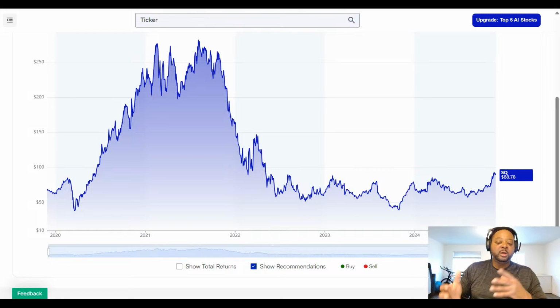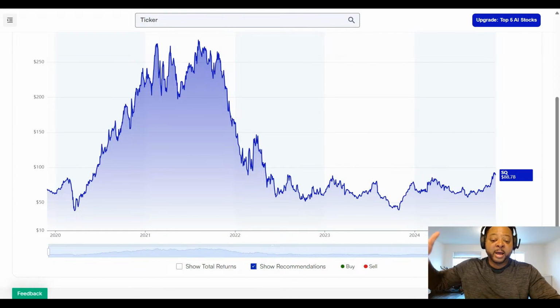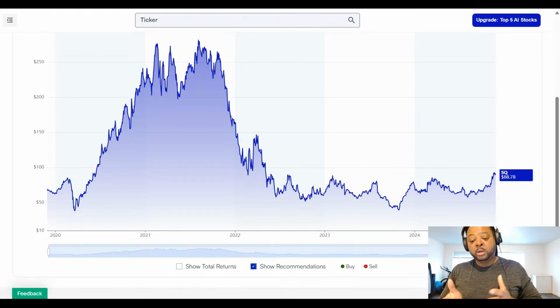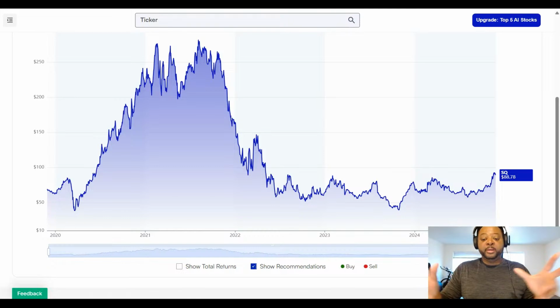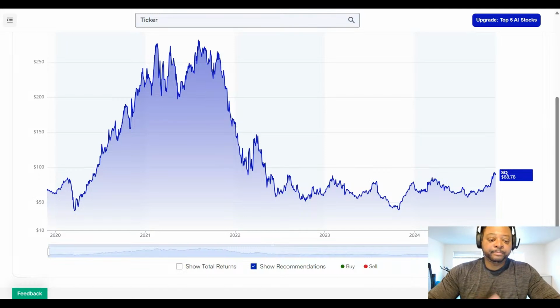Just from understanding and watching the stock market, I'm like, yo, this is a good time to buy stocks through a market crash. Warren Buffett said you buy when there's blood in the streets, meaning you buy when there's a lot of red in the market. So this is when I bought right here.